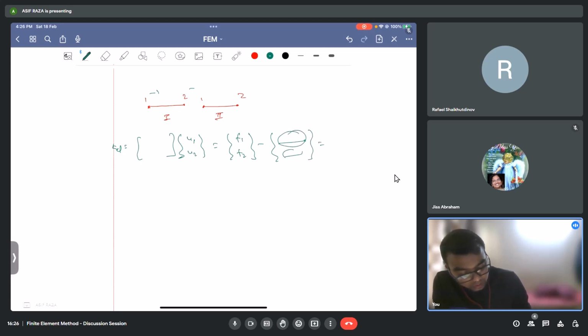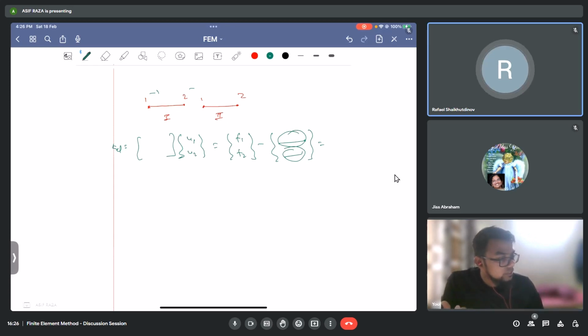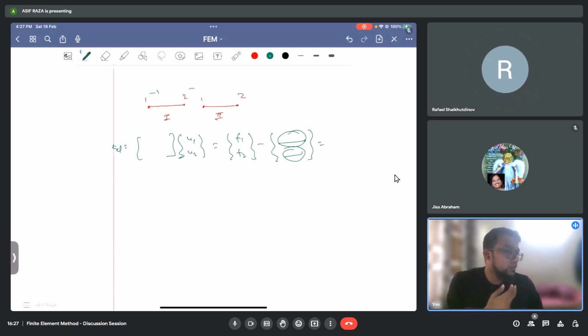How are these internal forces coming up? I think you want to ask that in an element-wise sense. F1, F2 are external forces that come out from the distributed load Q, the externally applied load.